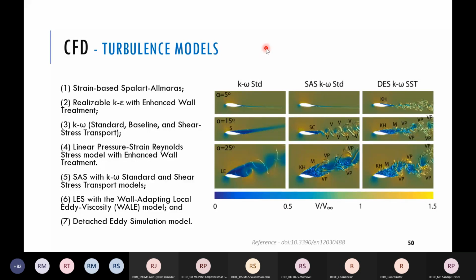If we couple it with the detached eddy simulation model, the captured behavior of air would be very, very similar to the actual one. But many times it has a problem of converging. So it is hard to converge, but it gives you a beautiful result, accurate results. So K omega SST alone is a good solver to use. Fine.